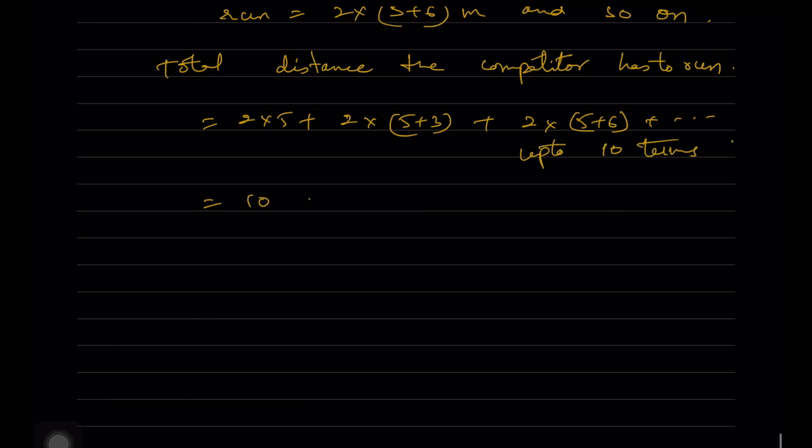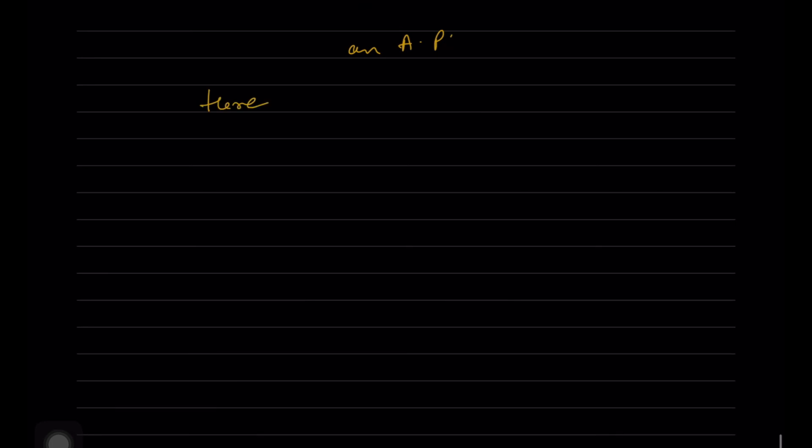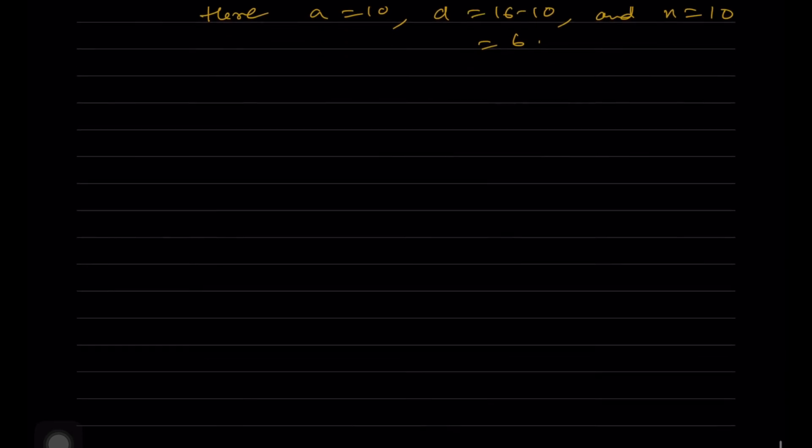So which is equal to 10 plus 16 plus 22 plus so on, which is an AP. So here a is equal to 10, d is equal to 16 minus 10, which is 6, the common difference, and n is equal to 10.